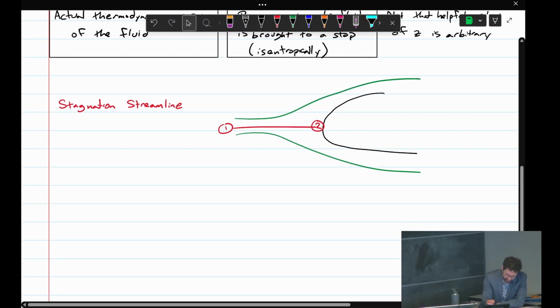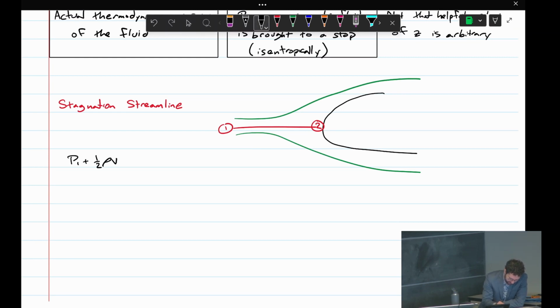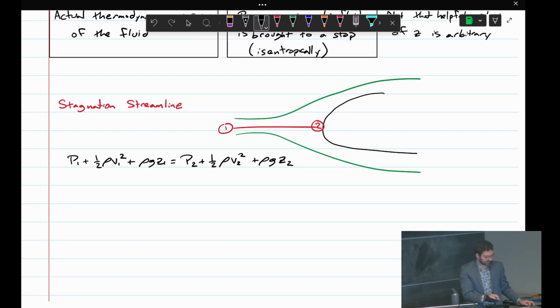So let's do Bernoulli's equation here along 1 to 2. P1 plus 1/2 rho V1 squared plus rho g Z1 equals P2 plus 1/2 rho V2 squared plus rho g Z2. Okay, first of all, let's cancel our Z's. We're going to say these are at the same height. There's not going to be any hydrostatic pressure difference between these 2 points.